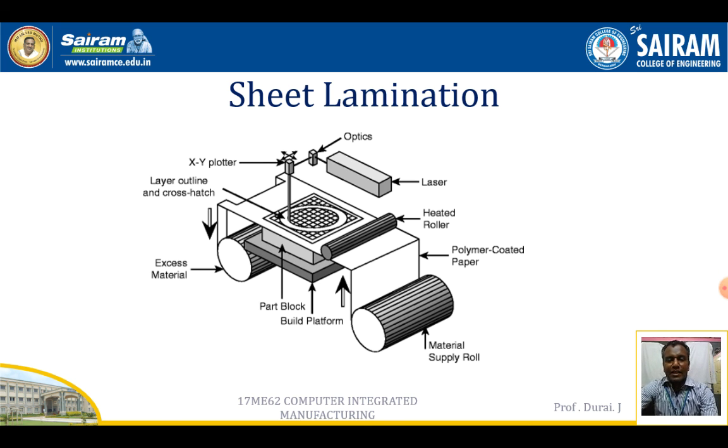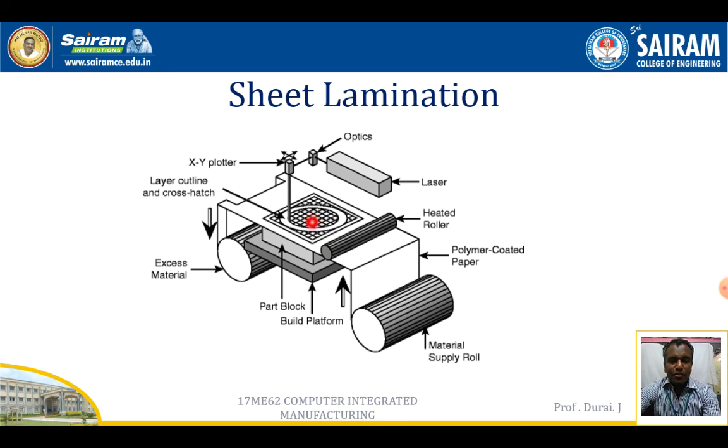Then comes the next variant, ultrasonic additive manufacturing. Usually it is used for metals like aluminum, copper, stainless steel, and titanium. The sheets are pulled from the spool, and with the help of the build material, ultrasonic welding takes place.